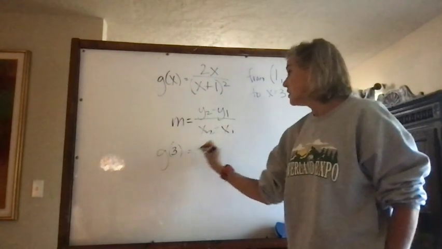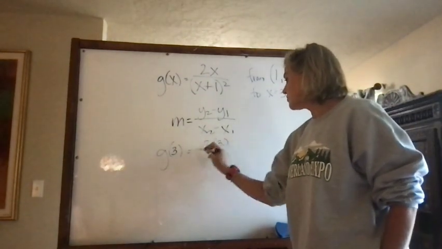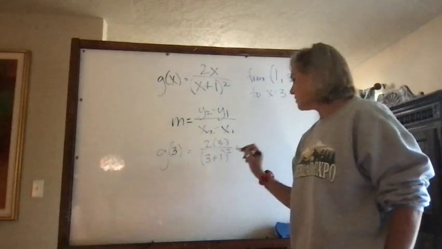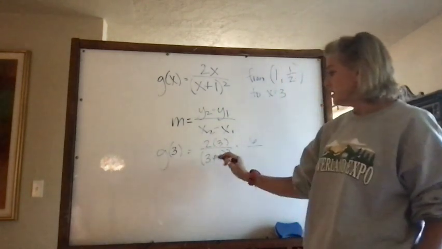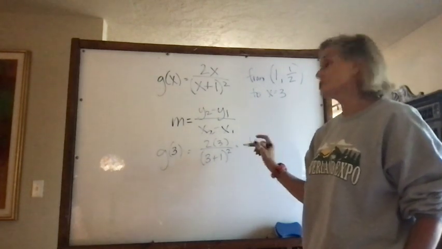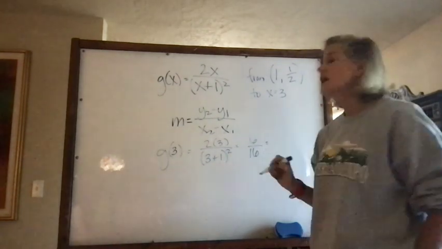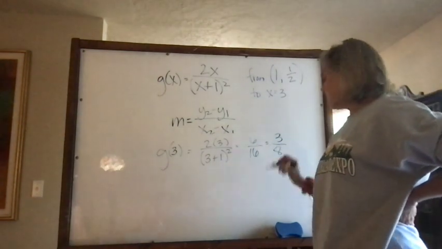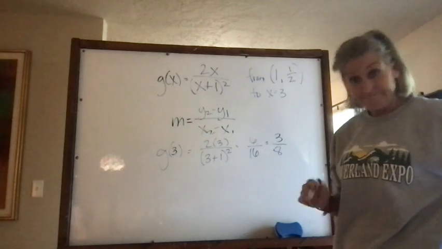So 2 times 3 over 3 plus 1 squared. 2 times 3 is 6. 3 plus 1 is 4. 4 squared is 16. And 6 over 16 reduces down to 3 over 8. Cool.